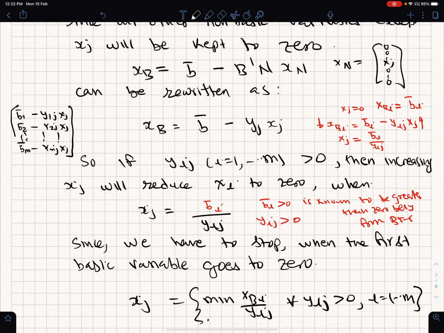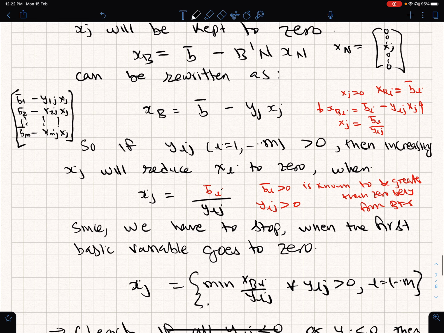So this is the way this vector is going to look, b bar minus yj xj. Right now, when xj is 0, they represent the coordinates of the present basic variables, which are b1 bar, b2 bar to bm bar, which are to be greater than 0.